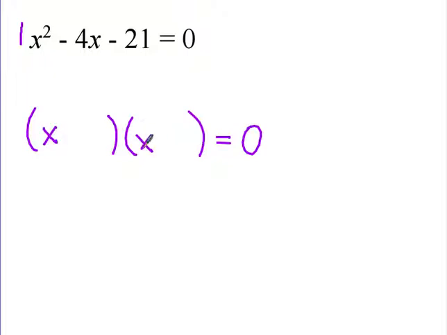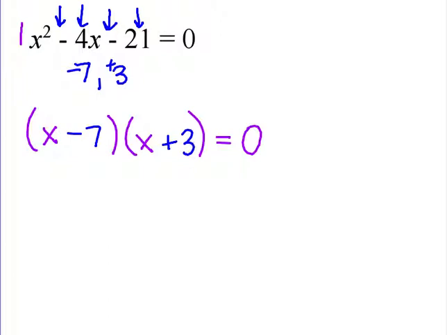What number do I now look at? 21. So two factors of 21. This is different because those two factors of 21 differ by 4. 7 and 3. How do you get a -4 from 7 and 3? -7, +3. Good job. So I've got a -7, +3.